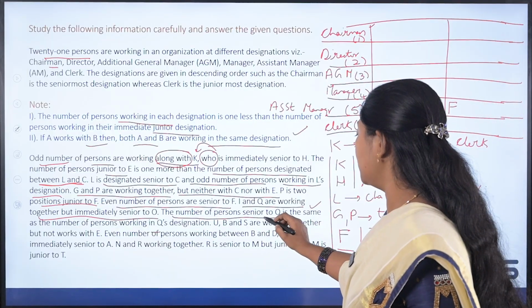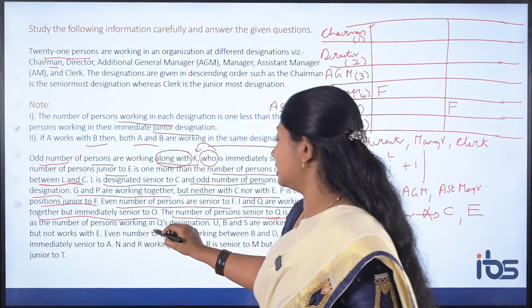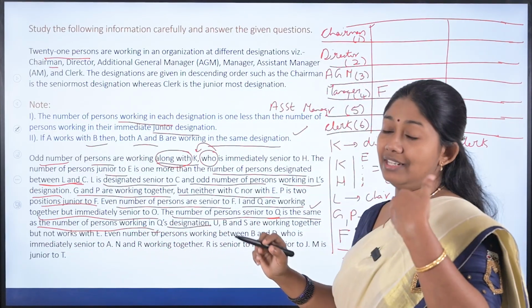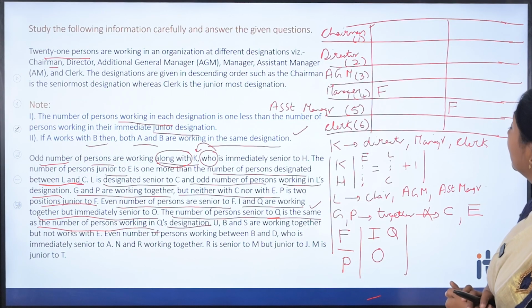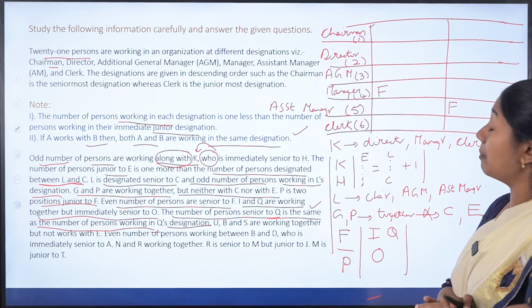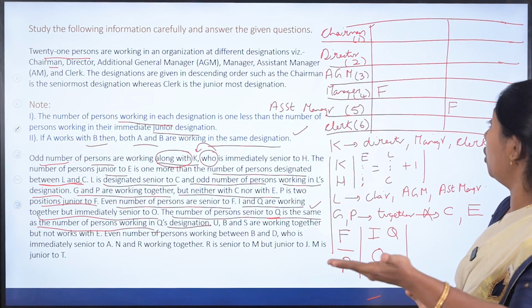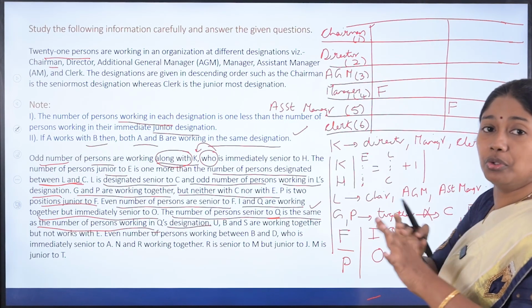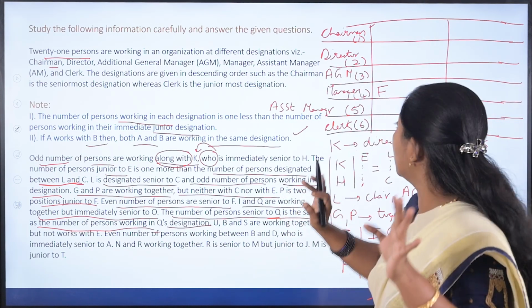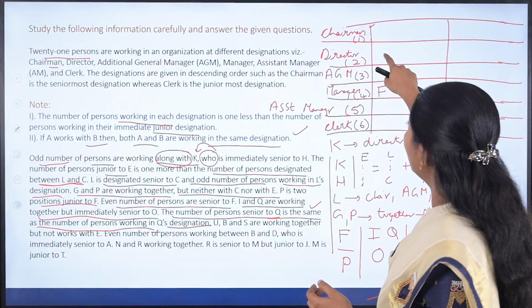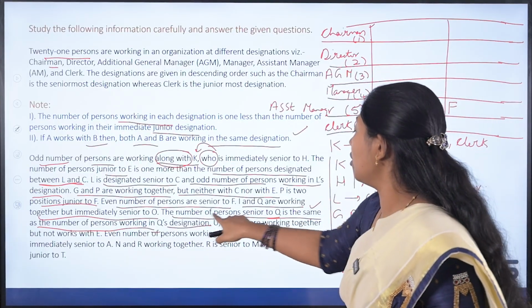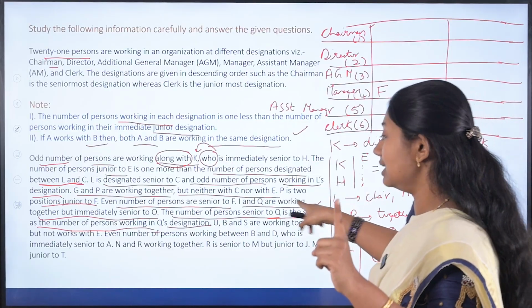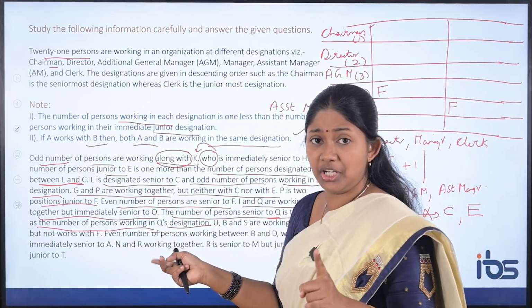So let me check where Q can be placed. If you place Q here, there is nobody senior to Q. So Q cannot come in the first position. If you take the second position, only one person is senior to Q. Is that the same as the number of persons working in Q's designation?